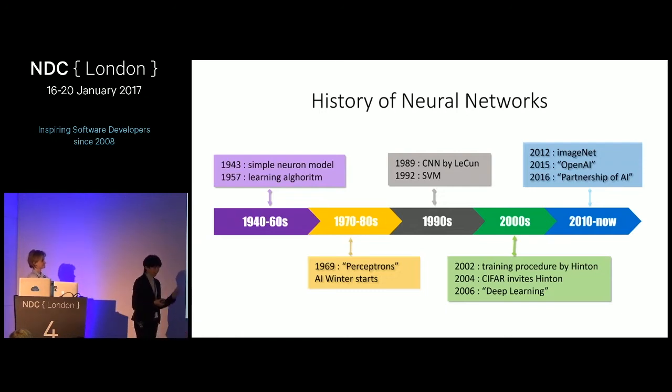Well, back to history. Not so long ago, in 2015, Elon Musk and others announced the founding of the OpenAI organization. OpenAI is a non-profit, open organization with the main goal to develop artificial intelligence in a way which is safe and beneficial for humanity.